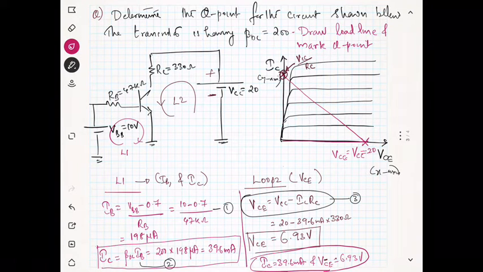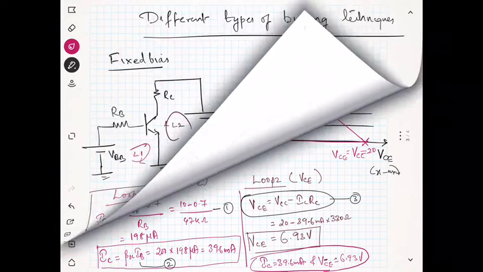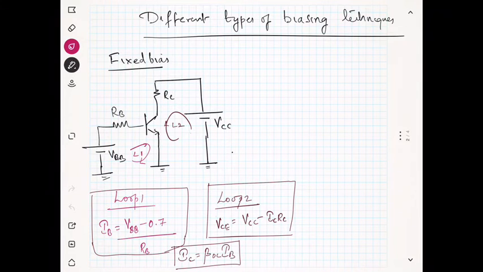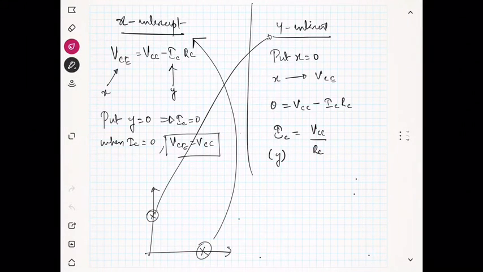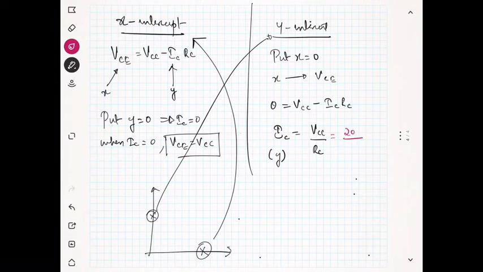Am I correct? VCC is given as 20, and this value you will be getting, this is 20, so you will be getting this as 20 divided by RC.